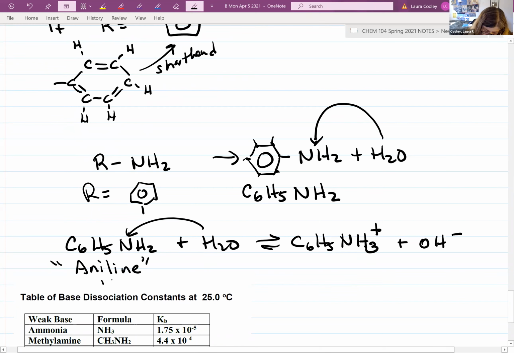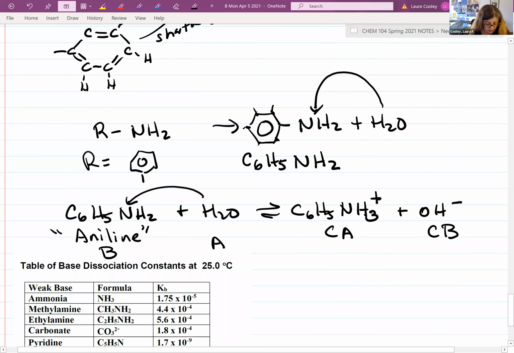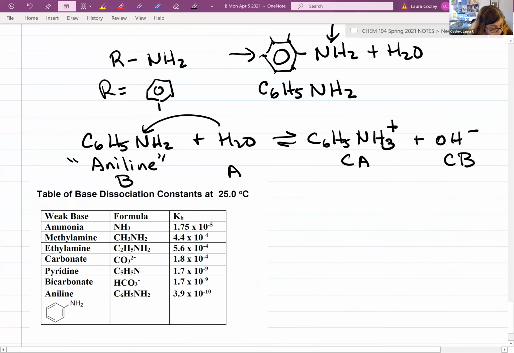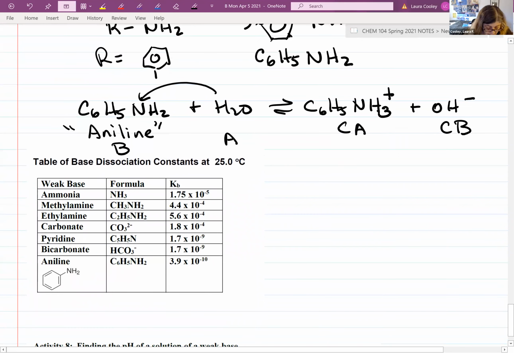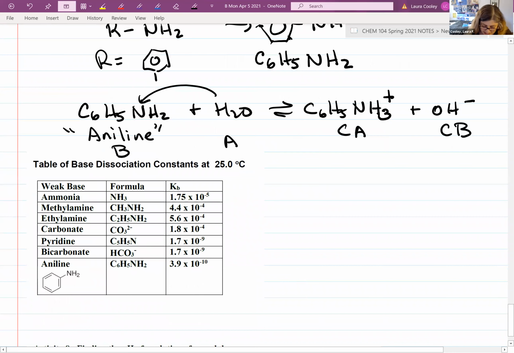This is the base, conjugate acid, acid, conjugate base. Okay, so that's the class of weak bases that we study in this class. And they all have base dissociation constants, of course.